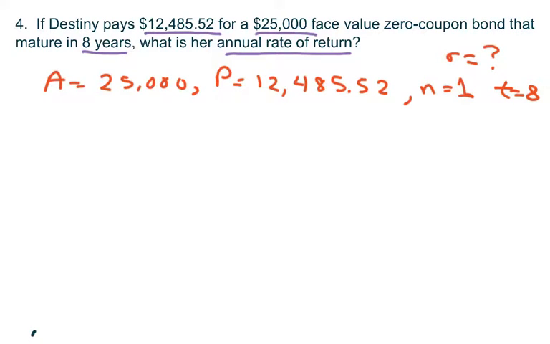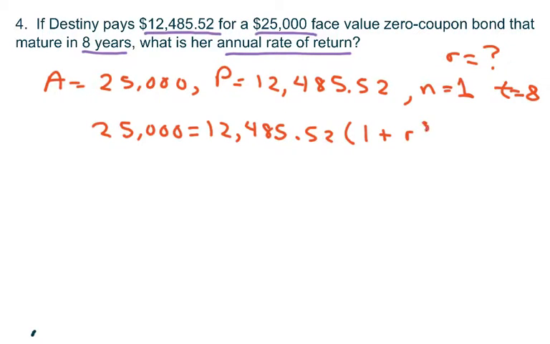So we're going to write 25,000 equals 12,485.52 times 1 plus R over 1, which is just R, to the 8th power.